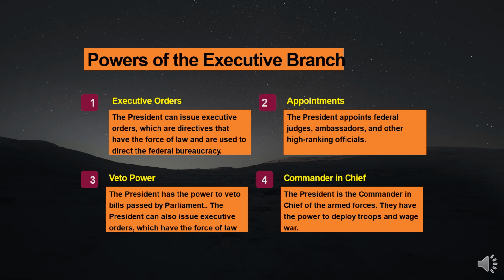Powers of the executive branch. Executive orders. The President can issue executive orders, which are directives that have the force of law and are used to direct the federal bureaucracy.